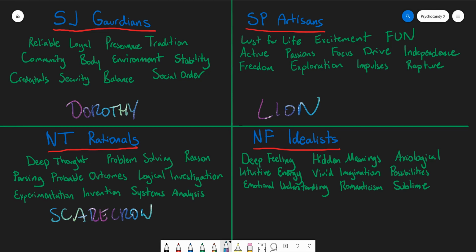NFs always want to look beyond this through the conceptual and the abstract, and very often they'll be fascinated with this idea of romanticism, and especially with the concept of the sublime, looking at what is beyond the ordinary, what is beyond the mundane, and why is this all here? What does it all mean? Who am I, and why do I exist? Like, what is the purpose of life? Even from a very young age, they'll be considering and trying to process this deep question.